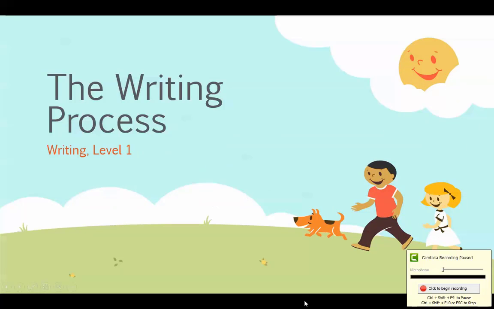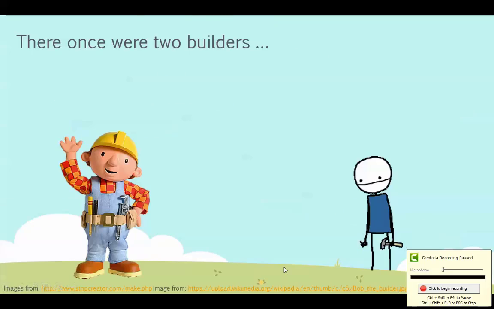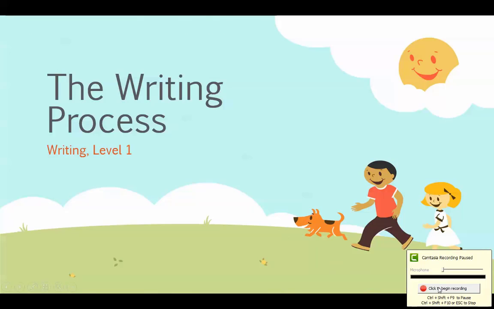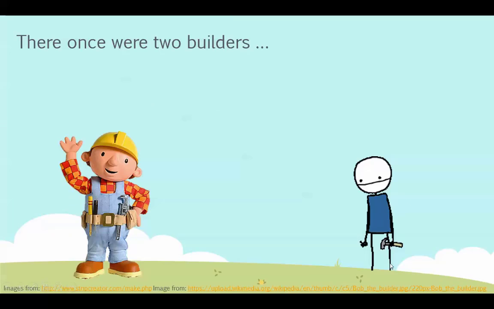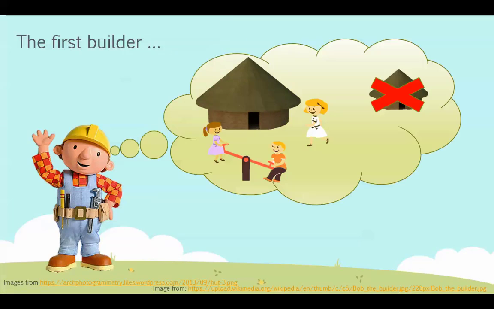So you can just click on record, and then you can choose to record the PowerPoint. If you have an internal microphone, you can just speak through the PowerPoint and create a video that way. So you just click to begin the recording, and then you'll start your video recording of the PowerPoint.